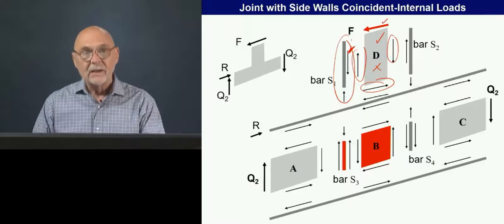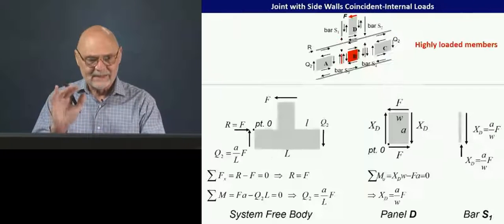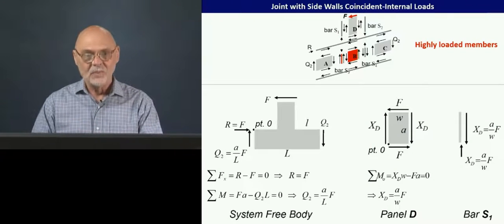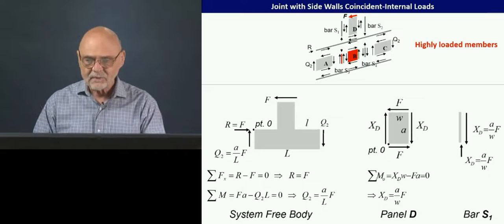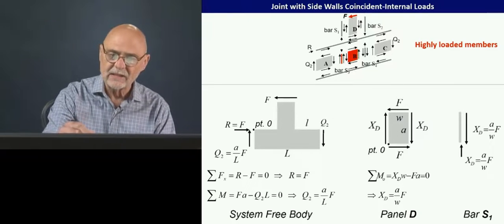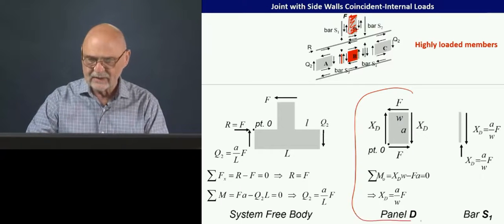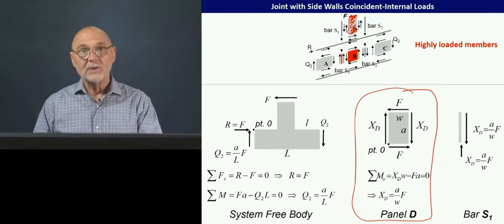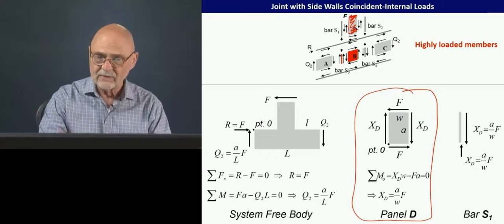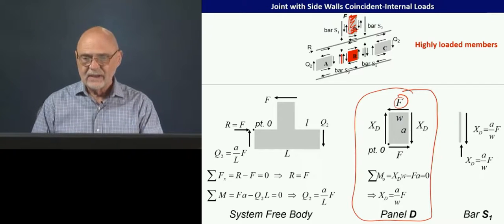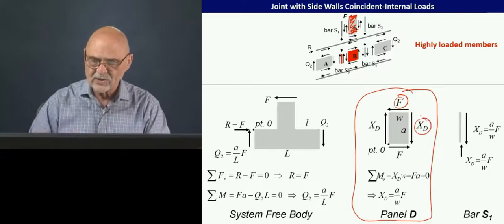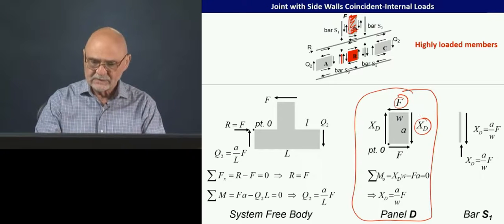Okay, so just for your notes, this is what's been done here. For example, panel D is this one, and here are the equilibrium equations for that. Given F as an input, how big are these shear loads X sub D?